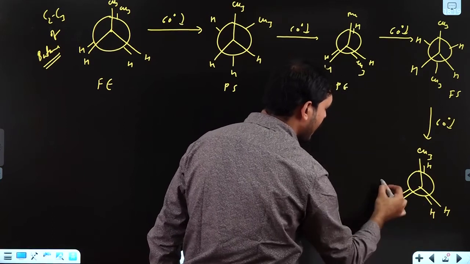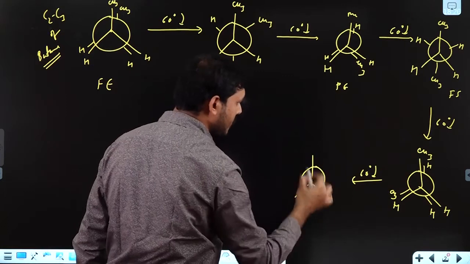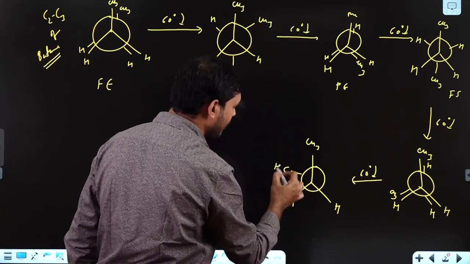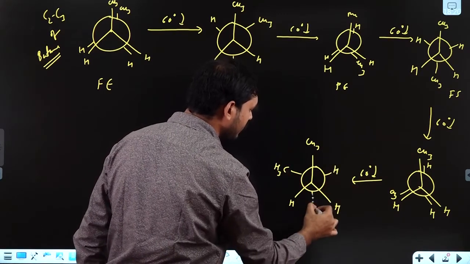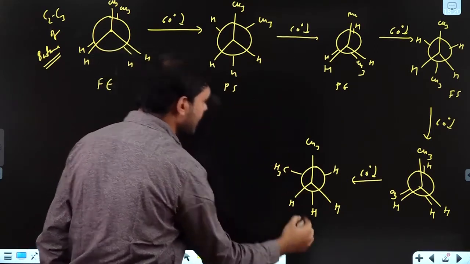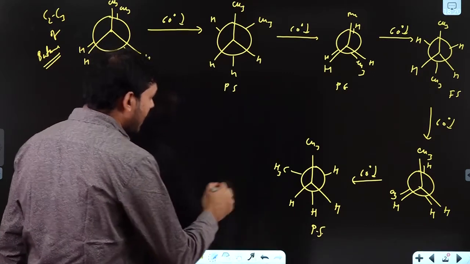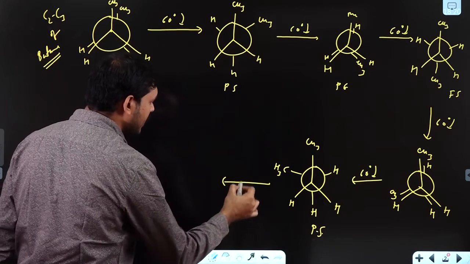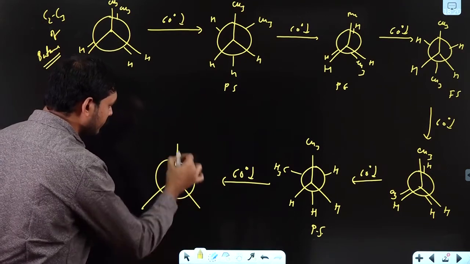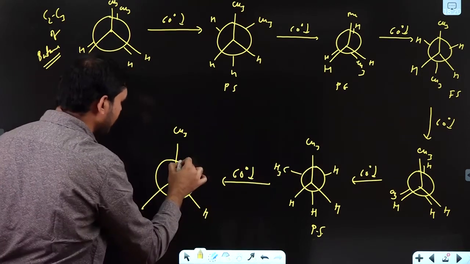H, H. Again I am rotating it by 60 degrees clockwise, and what will I get? Keeping the front part as it is, this CH3 will come this side. Now you can see this is very similar to the partially staggered form, right? And again if I rotate it by 60 degrees clockwise, what will I get? CH3, H, H. This will come this side.